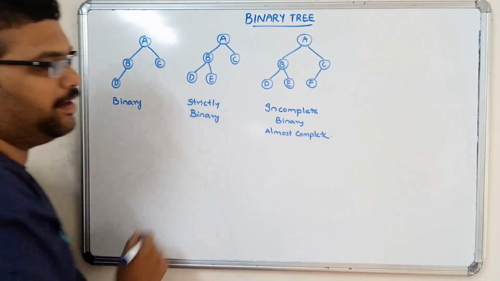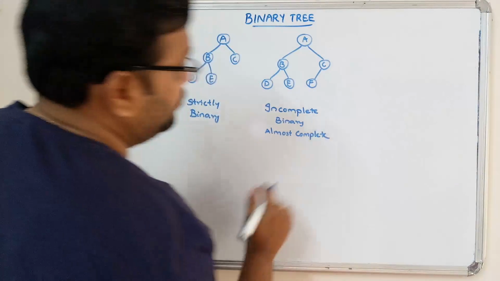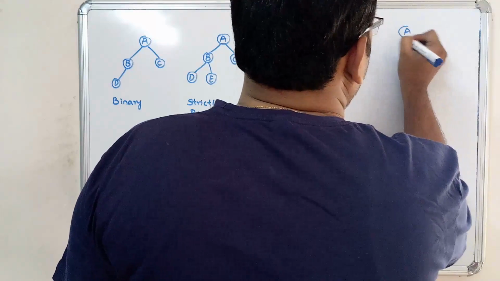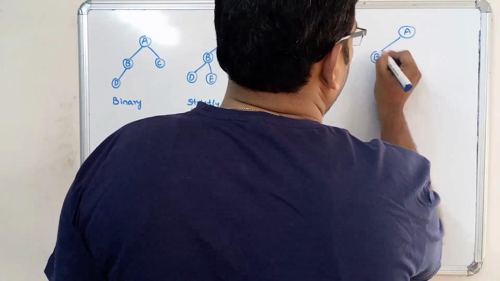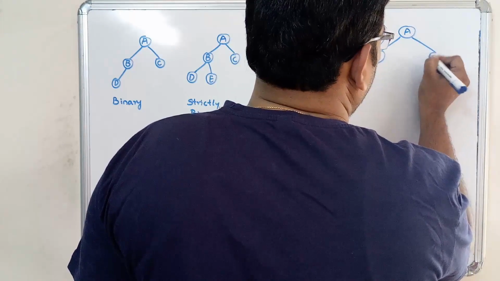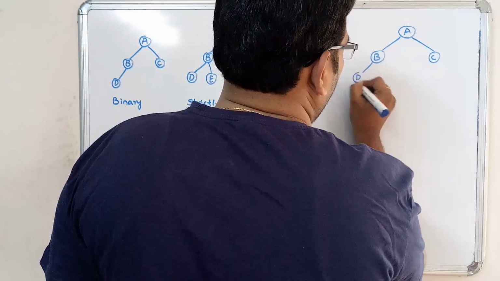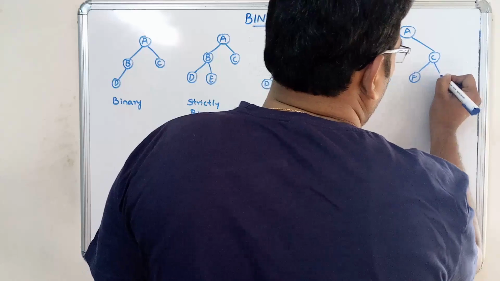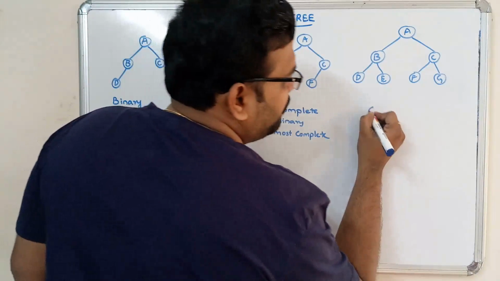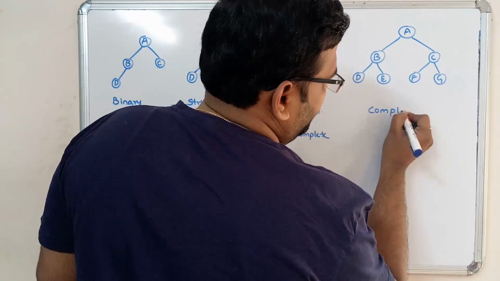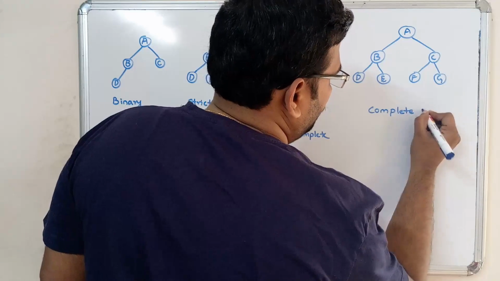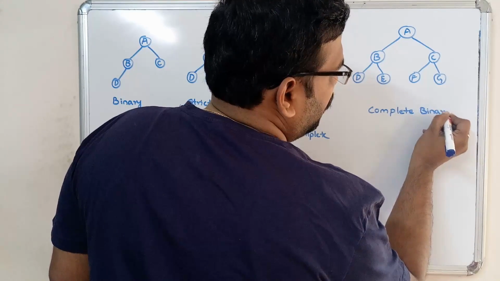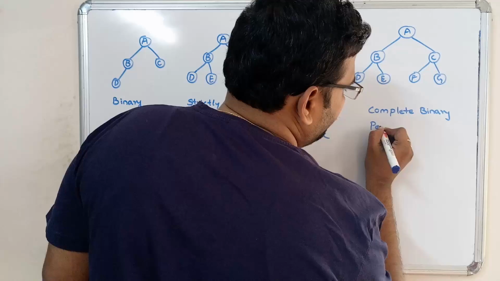Almost complete binary. This is a complete binary, or we can say it is perfect binary.